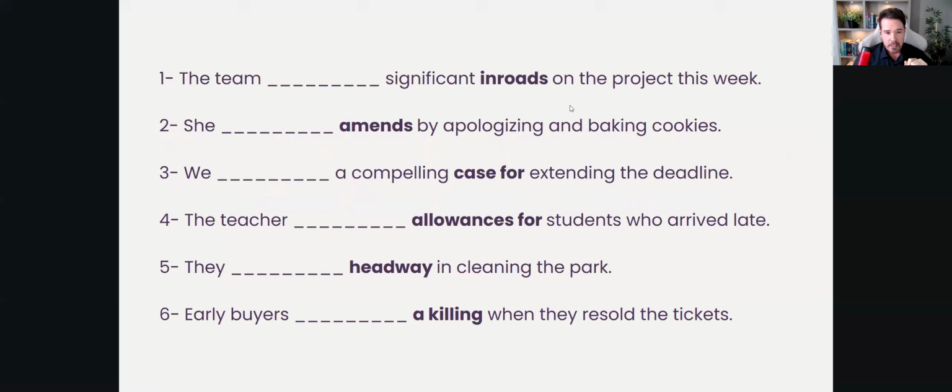Can you please take a few seconds to read the sentences, and see if you can complete them with the word that's missing?